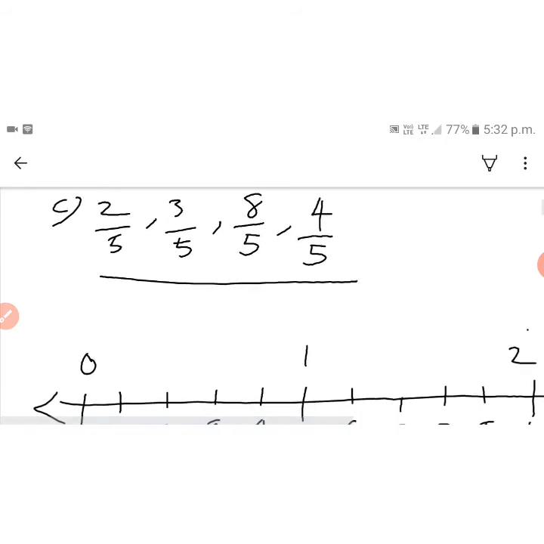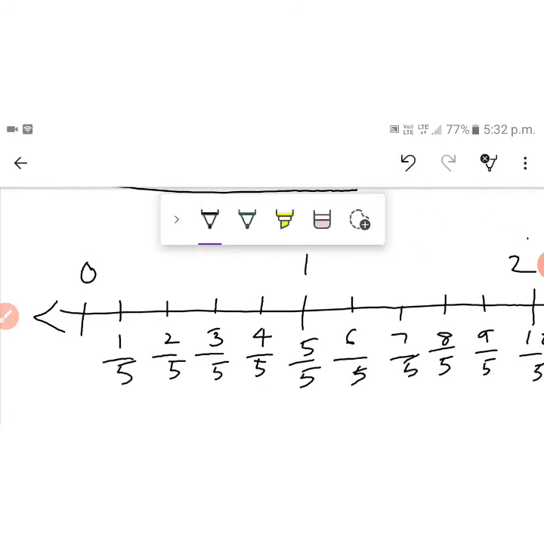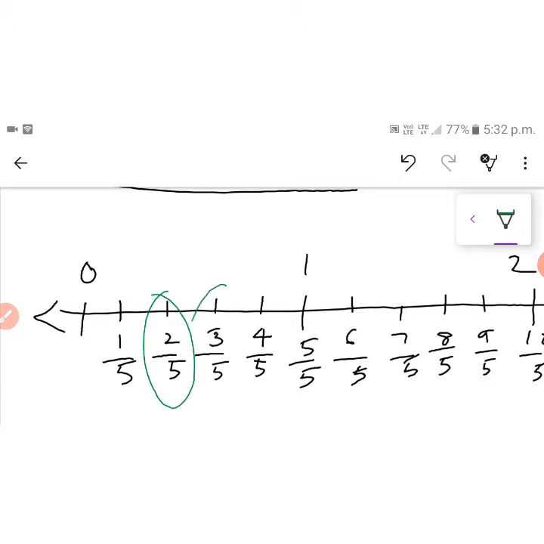Here we want to mark 2 by 5, 3 by 5, 8 by 5 and 4 by 5. So this is 2 by 5, 3 by 5, 4 by 5 and 8 by 5.